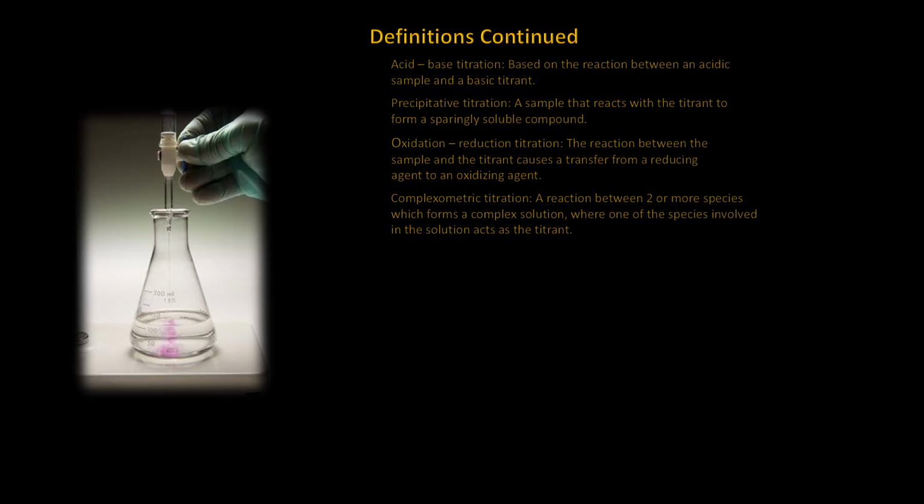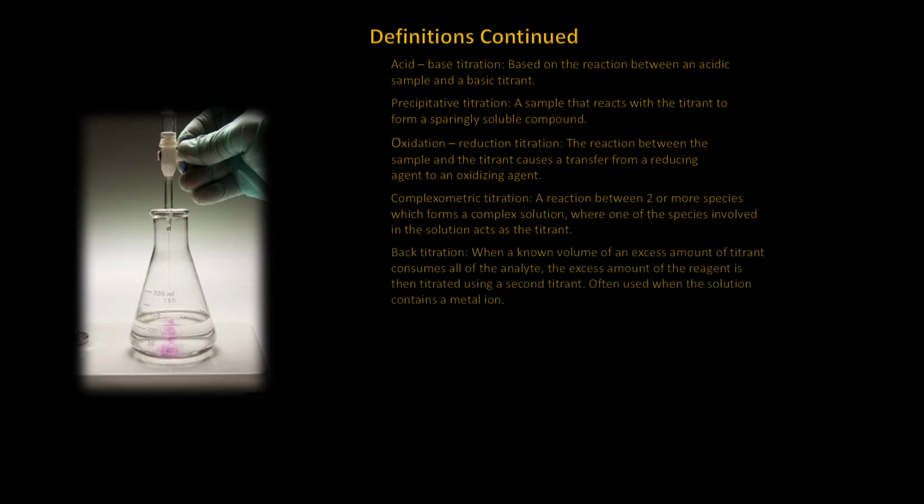In a back titration, an excess amount of titrant is used to completely consume the analyte of interest. The excess amount of titrant is then titrated with another standard solution to determine the concentration of the analyte in the sample. An organic solvent such as EDTA is used, followed by another titrant.